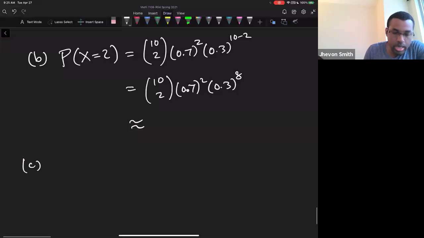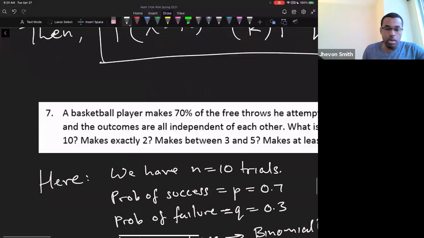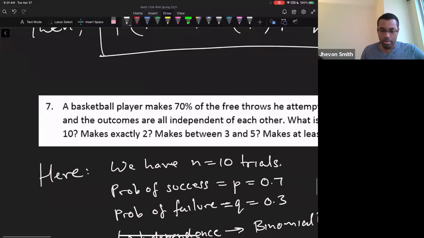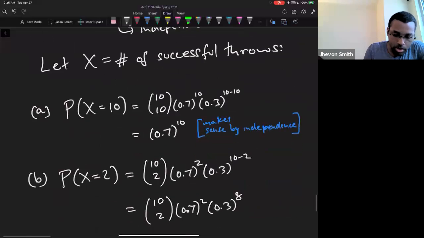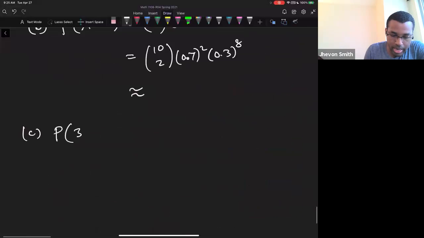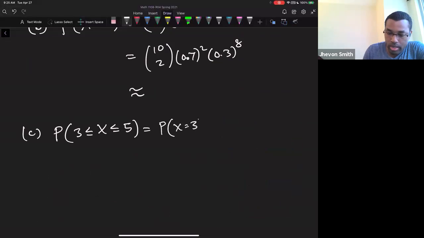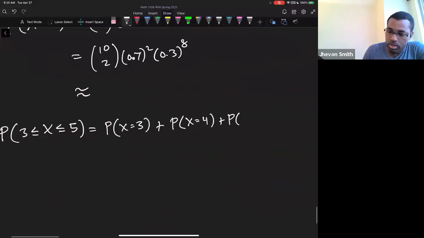If you look at C, makes between 3 and 5. C is really asking the probability that x is between 3 and 5. But this really means the probability that x equals 3, or the probability that x equals 4, or the probability that x equals 5.